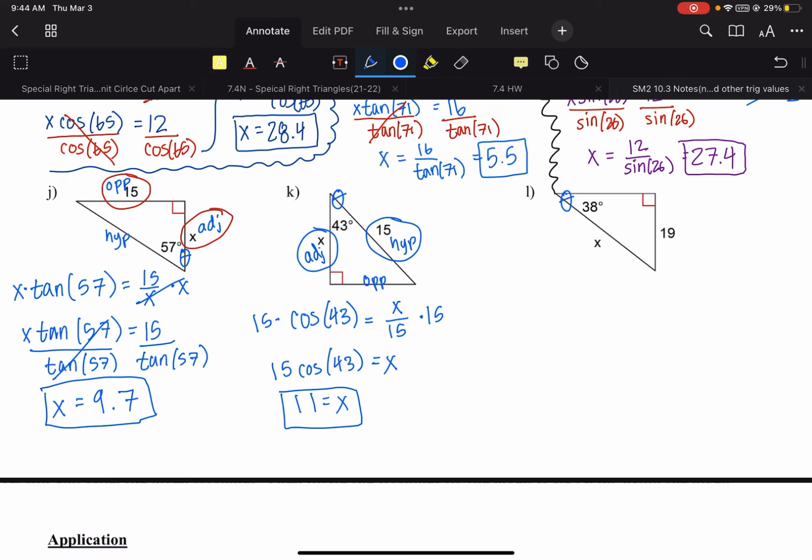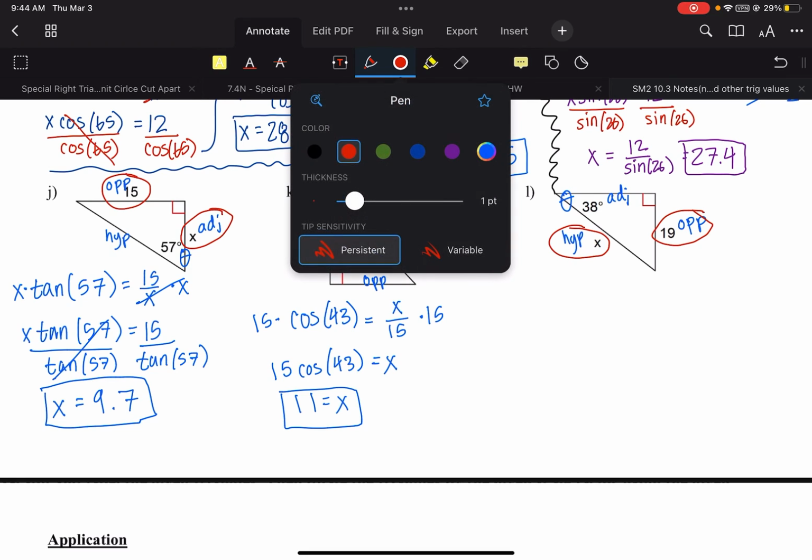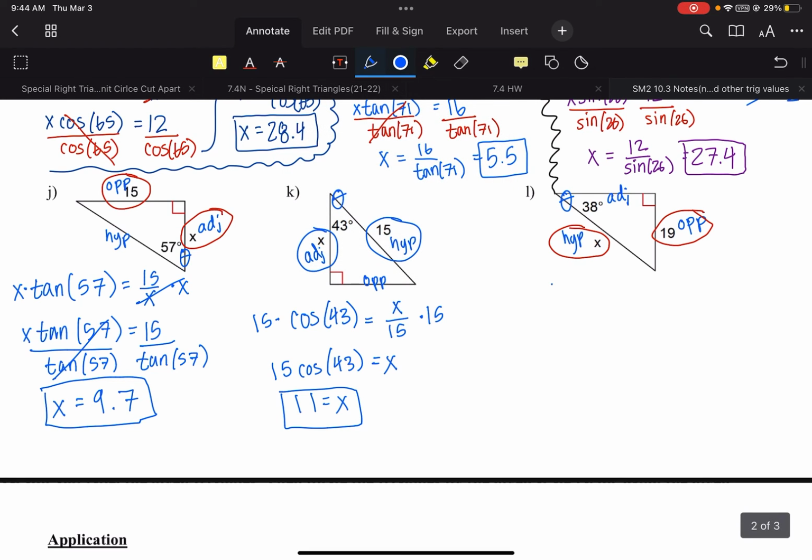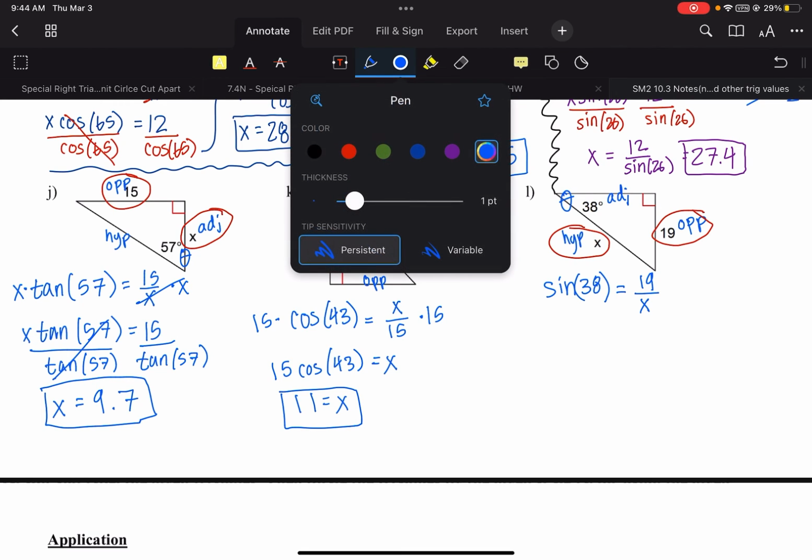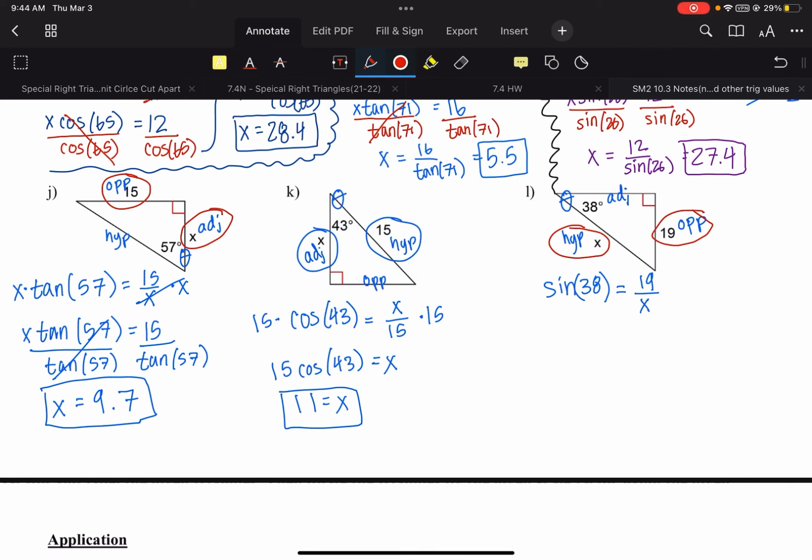Okay, last one. Theta goes on the 38. Label my side lengths, opposite, adjacent, and hypotenuse. I have the opposite and I have the hypotenuse. So that is going to tell me that I'm going to use the sine. So the sine of 38 is equal to the opposite over the hypotenuse. First step is to get rid of my fractions.